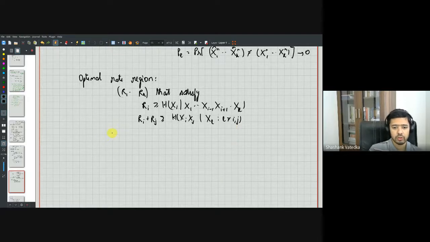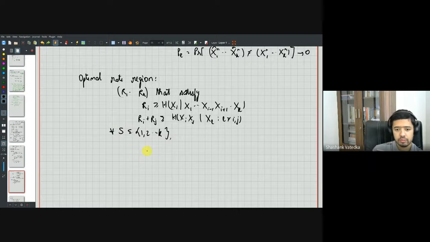So for all subsets S of {1, ..., K}, the summation of Ri, where i belongs to S, should be greater than or equal to H of X_S given X_S complement.